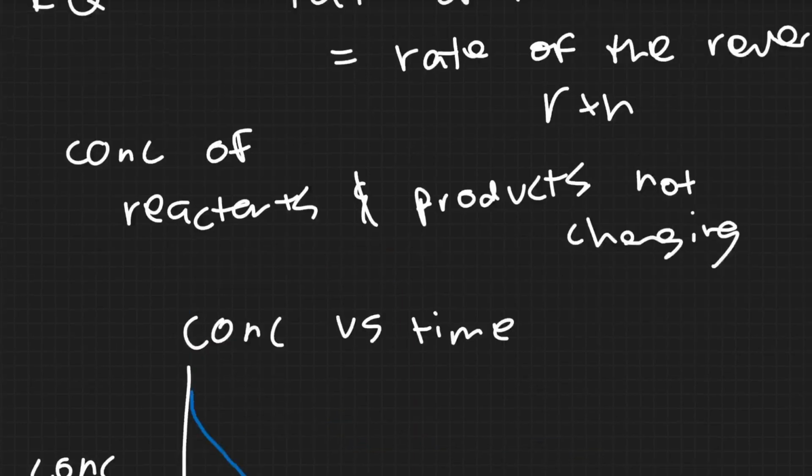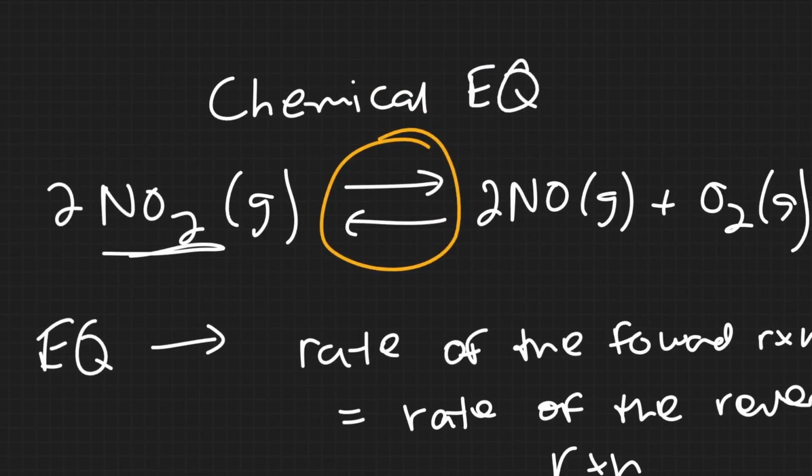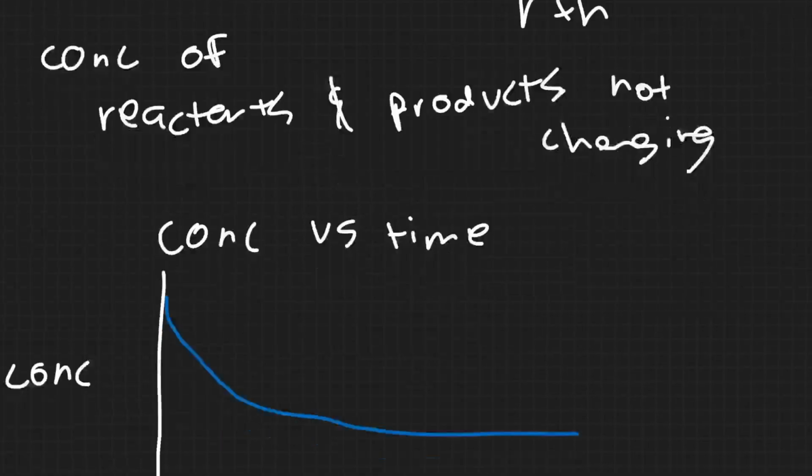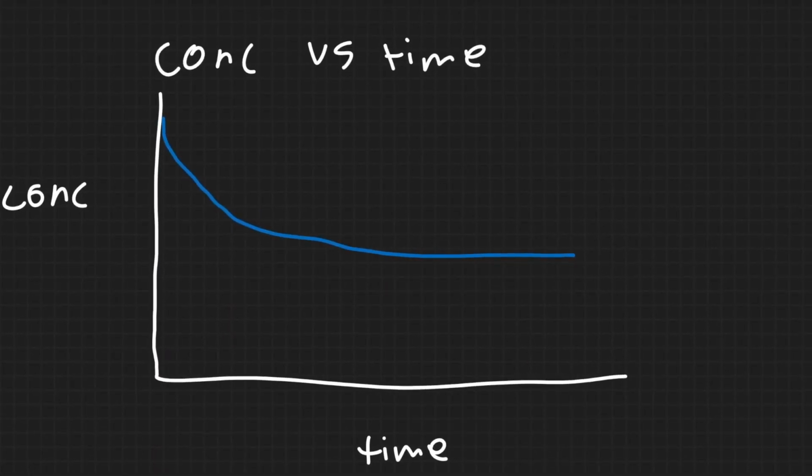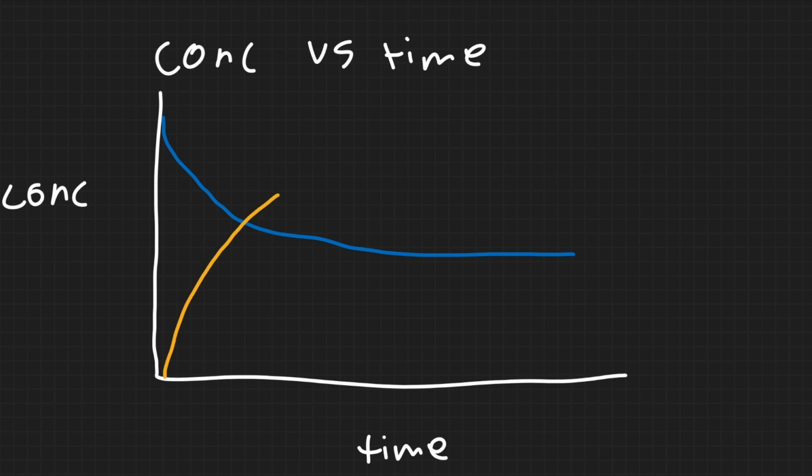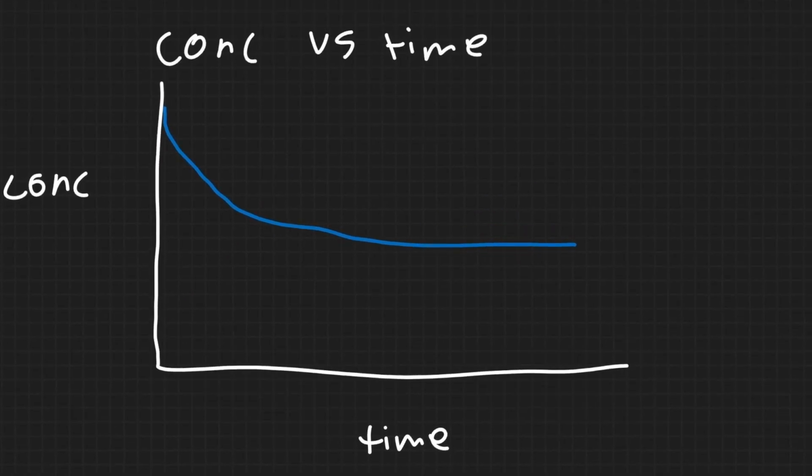And then if we go back to the equation, we have NO and O2 as our products. So meaning as time goes on, more of those concentrations will go up because they are being produced. So I'll just draw my NO here, and I'll draw something like that. Let me draw that a little more accurately.